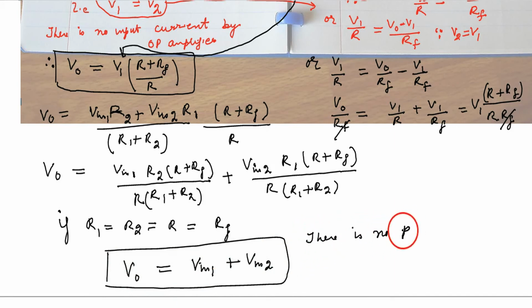The output voltage is the sum of the two input voltages and the output will be in phase with the input.